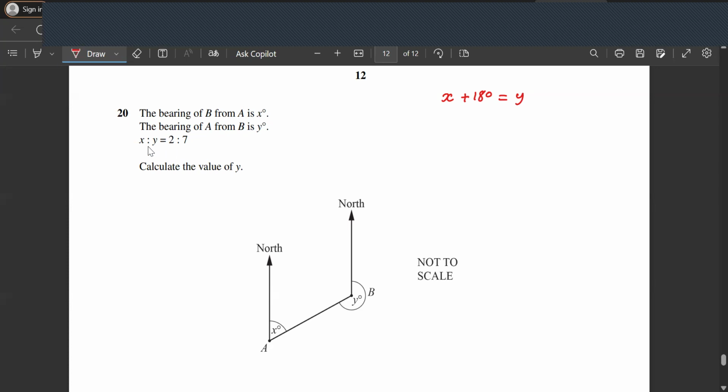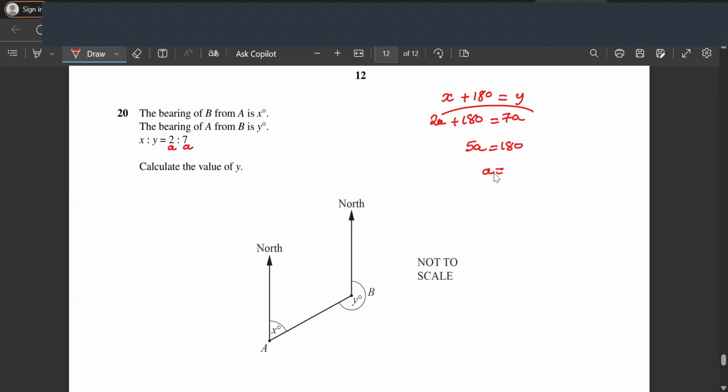What about naming them? I will say that this is 2a and this is 7a. A, B, whatever. Okay, this is 2a and this is 7a. So 2a plus 180 equals 7a. Okay, then send 2a to the other side. So 5a equals 180.